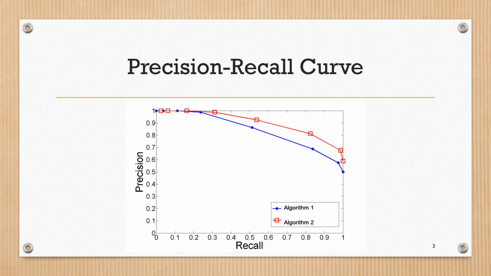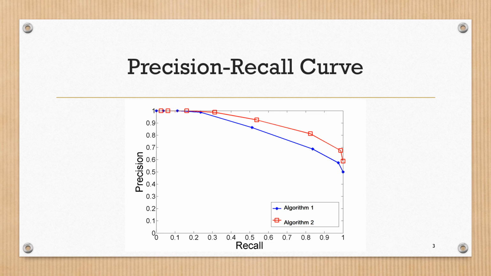Precision and recall can be plotted as a precision-recall curve to compare the performance of classification algorithms. As illustrated in the plot, the x-axis represents recall, while the y-axis represents precision.